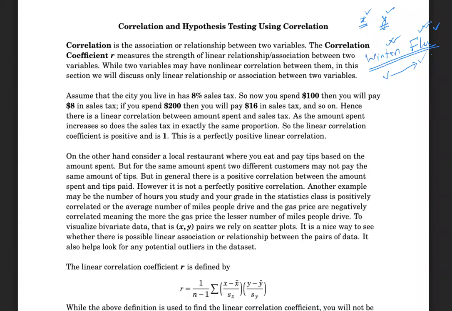But just because two variables have correlation does not mean that one causes the other. So that's a very important thing. That's how I put it: correlation does not necessarily mean causation.